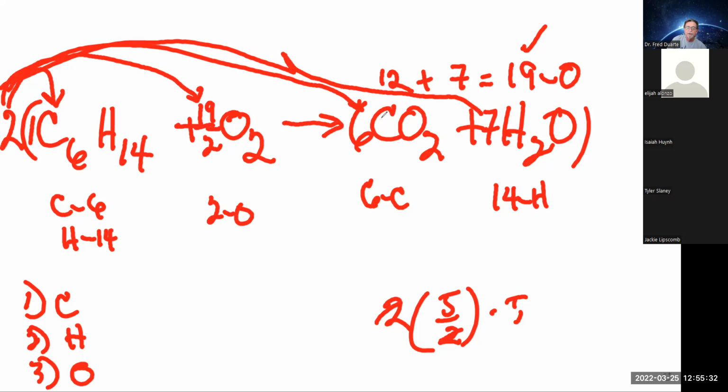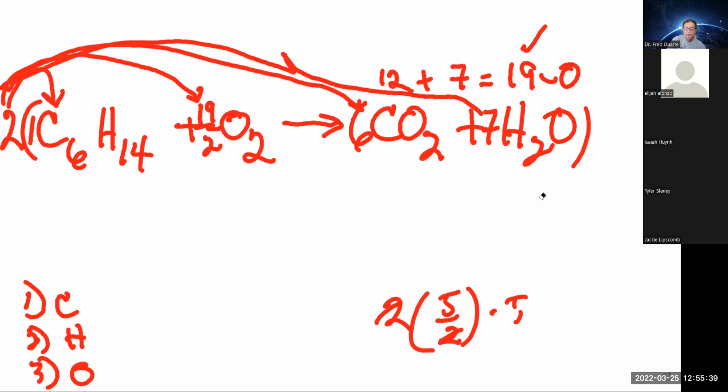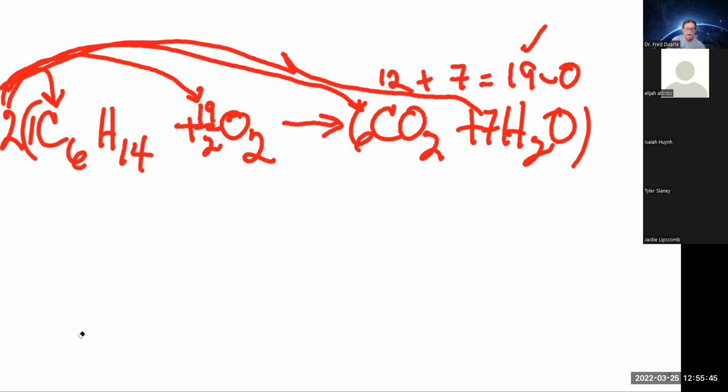All right, so let me clear up a little bit. Remember, this is only for cases where you end up with an odd number of oxygens on the right-hand side. It will help you balance it out.